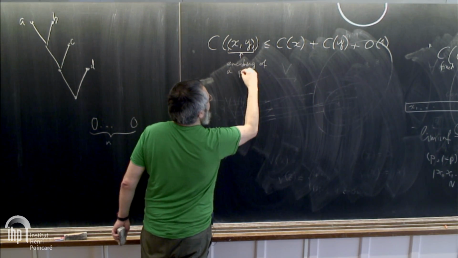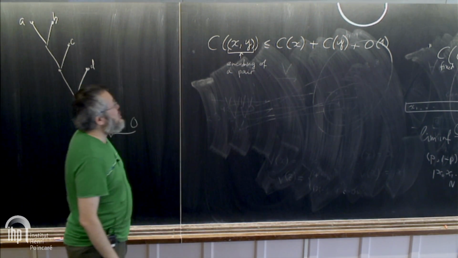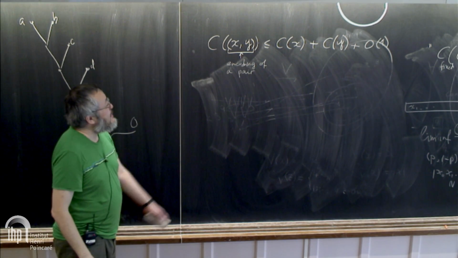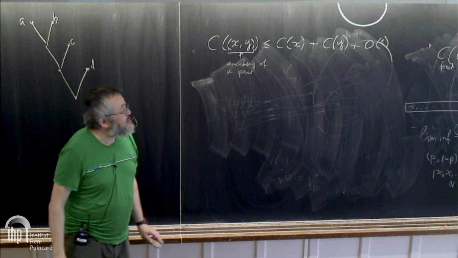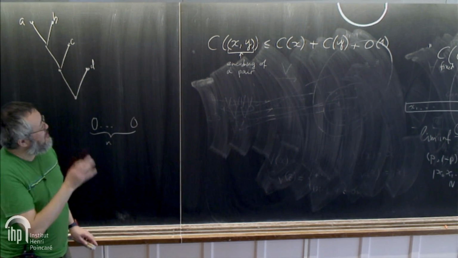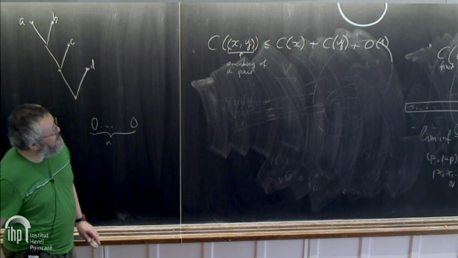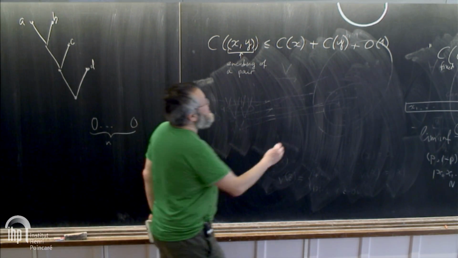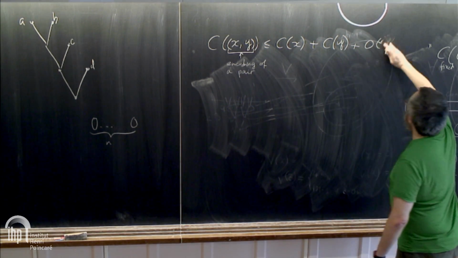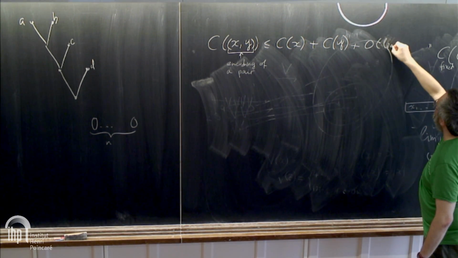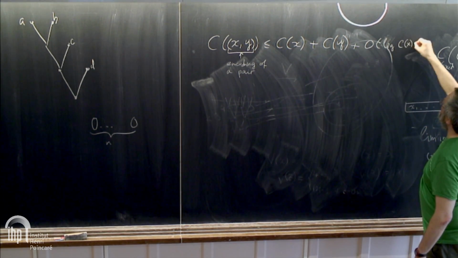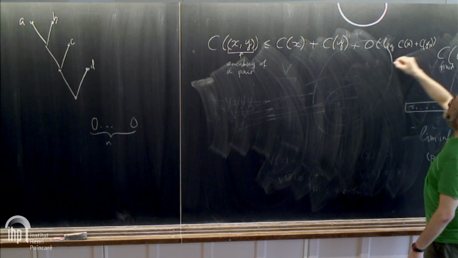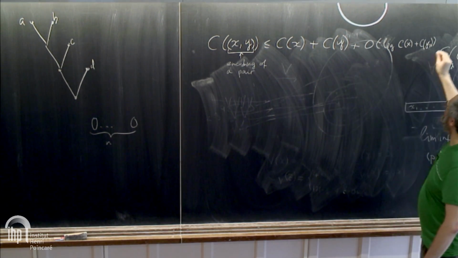Algorithmic transformation doesn't change complexity by more than a constant, so it's not important which encoding we take; we can transform from one to another. And the last thing we need to correct: it should not be O of 1, but unfortunately O of the logarithm of these quantities in question. So these two numbers are only logarithmically close.